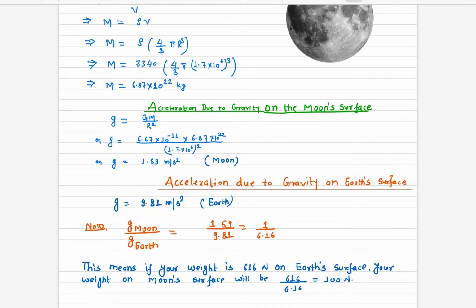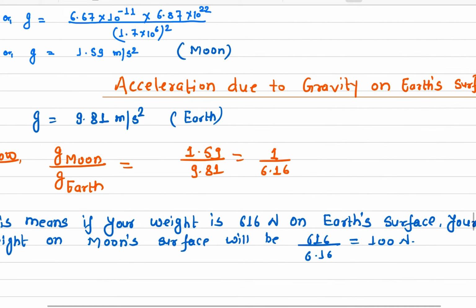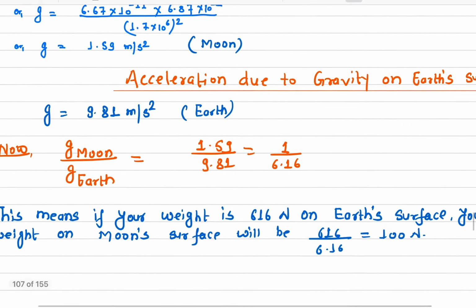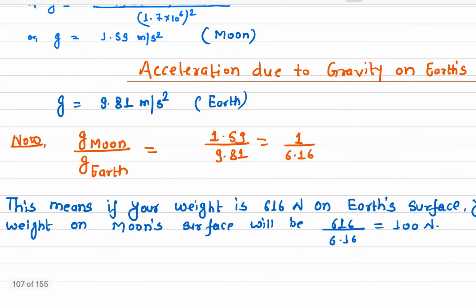Now let's compare this value with the acceleration due to gravity on the Earth's surface. We know that on the Earth's surface, the value is 9.81 meters per second squared. If we compare these two values, g moon over g earth, on the moon surface the acceleration due to gravity is about 1/6 as large.